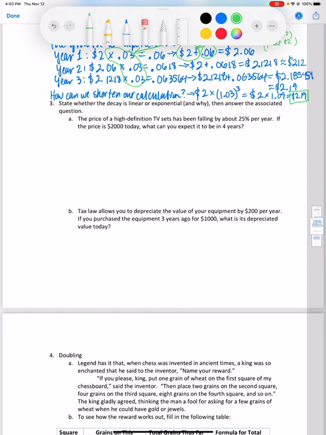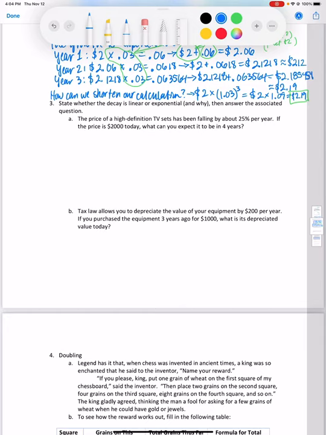The price of high-definition TV sets has been falling by about 25% per year. If the price is $2,000 today, what do you expect it to be in 4 years? Let's go ahead and track the years, and then we'll decide whether the decay is exponential or linear.